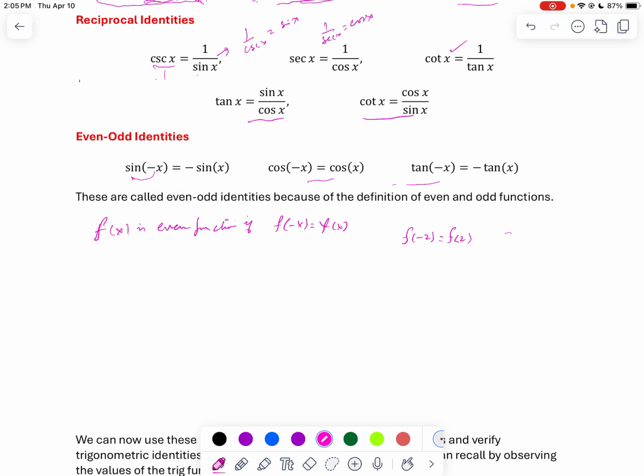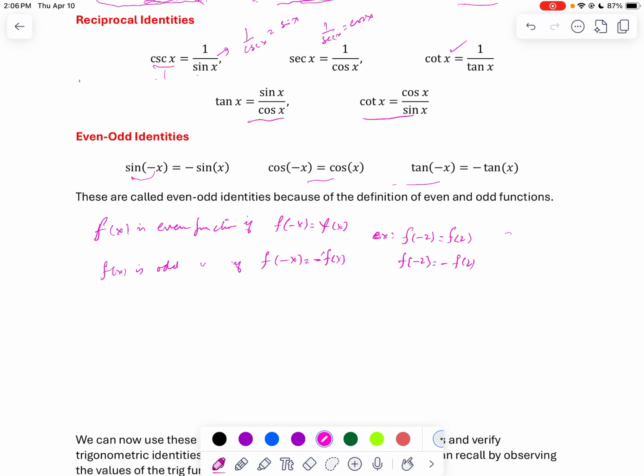And this is not just one number, it should happen for all x in the domain. In the case of odd functions, we have f of x is an odd function if f of negative x is equal to negative of f of x. So in other words, f of minus 2 is the same as negative of f of 2.